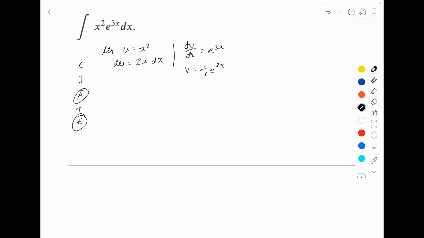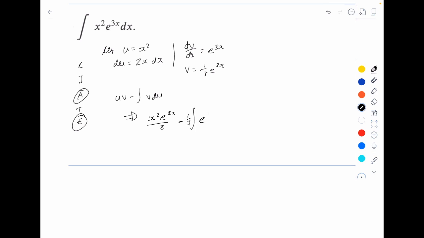Brilliant. So now we can say, well, uv minus the integral v du, we get x squared e to the 3x over 3 minus the integral of v du.